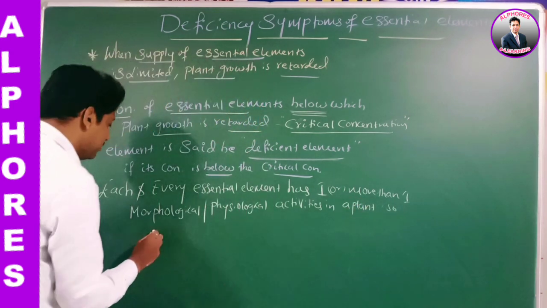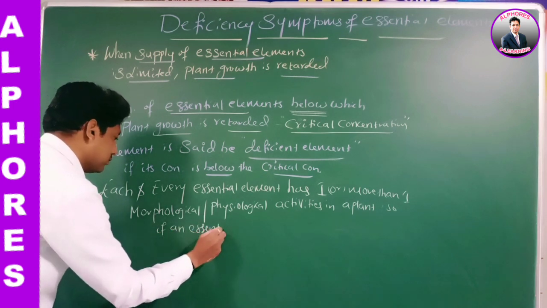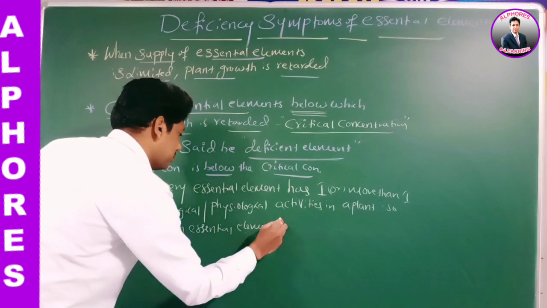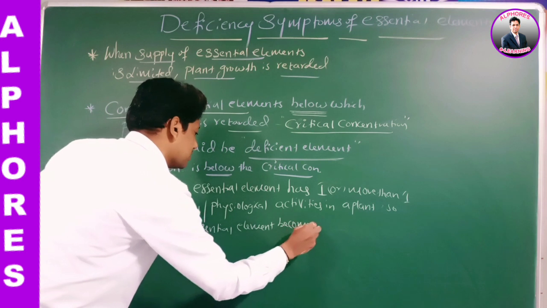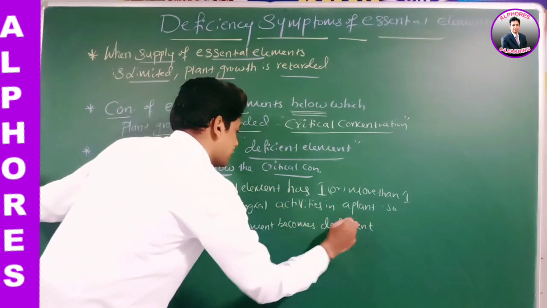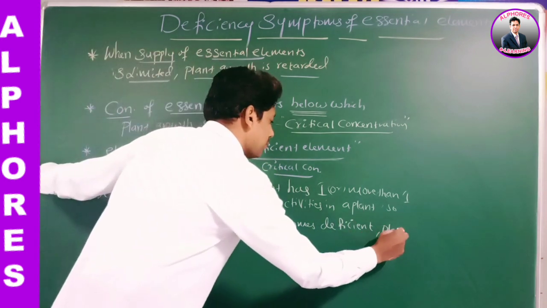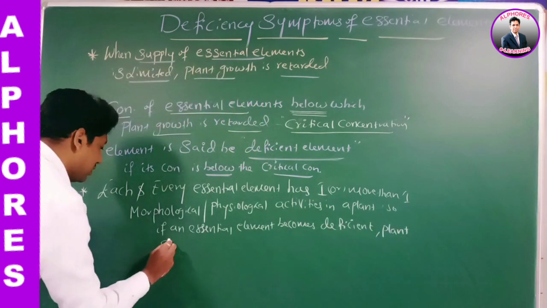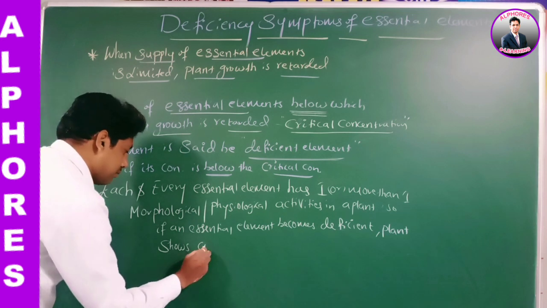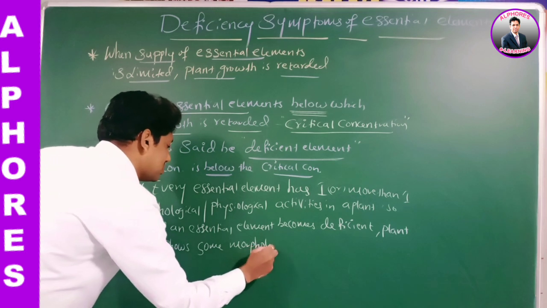So, if an essential element becomes deficient, what happens? The plant shows some morphological changes.